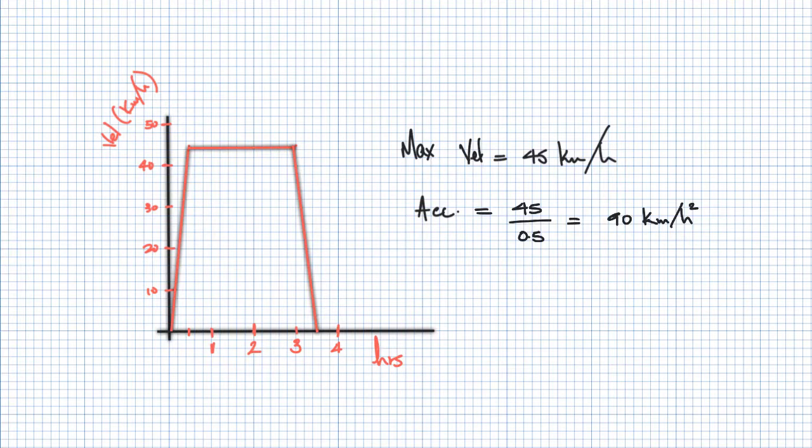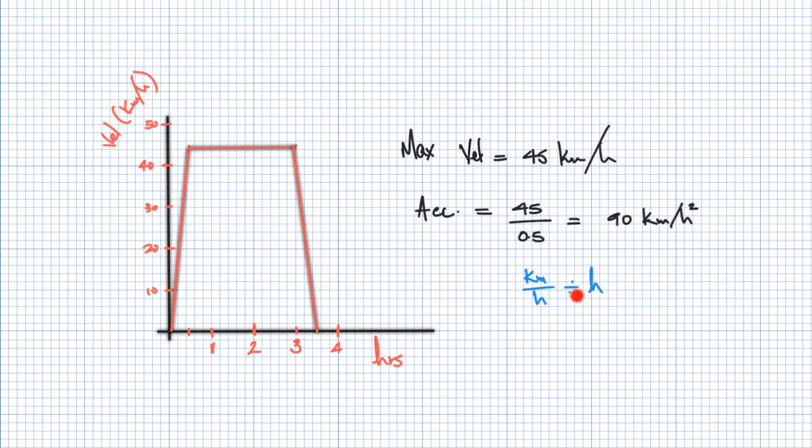Now, let's have a look at why the units are like this. You've got kilometers divided by hours, divided by time in hours again. This is time in hours, and notice I use 0.5 rather than 30, okay? It's time in hours again.